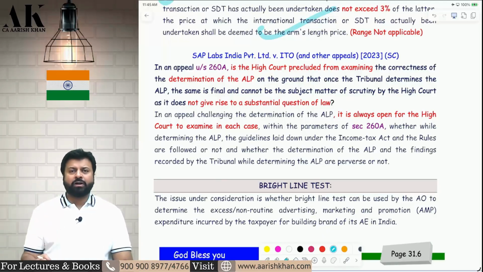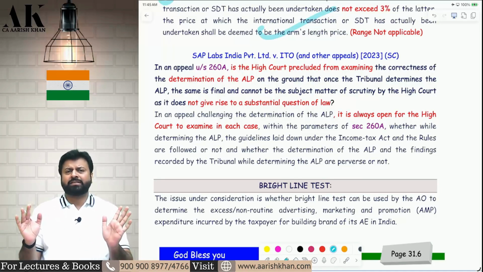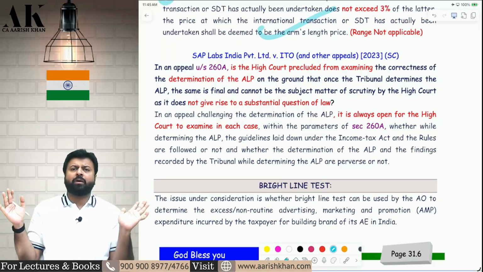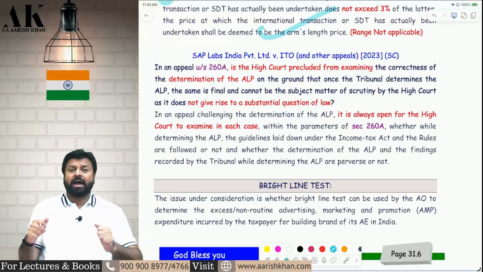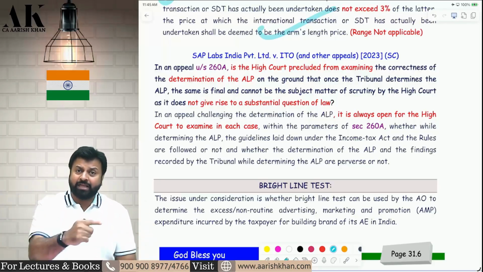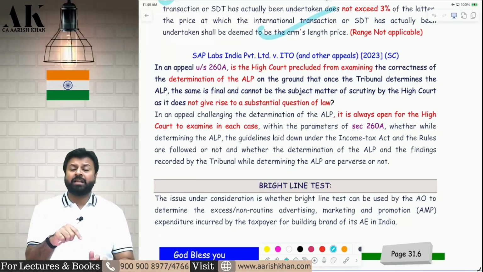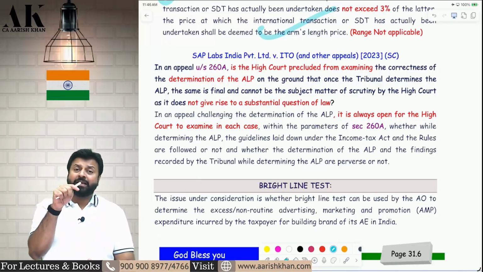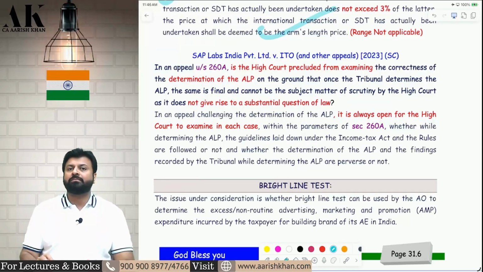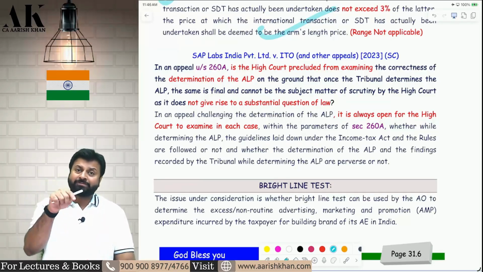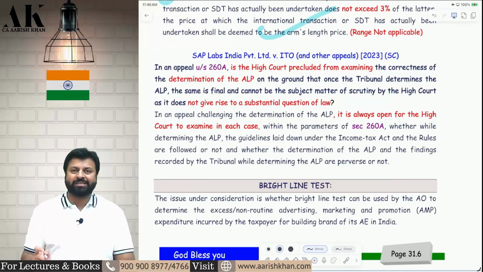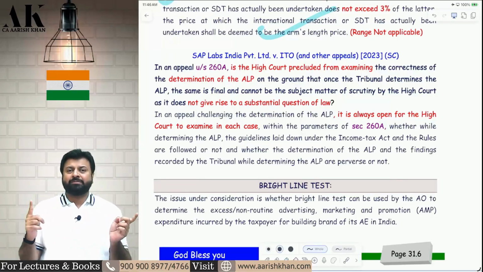So here the Supreme Court has given a very beautiful judgment. The Supreme Court has said that no, the High Court does not have the power to determine the arm's length price, but yes, the High Court definitely has the power to interfere and say whether the arm's length price has been determined as per the income tax law and its rules or not. Whether the interpretation of law has been done properly or not, the High Court can definitely say. Because ultimately arm's length price is determined as per 92C and its rules, and it's a law.